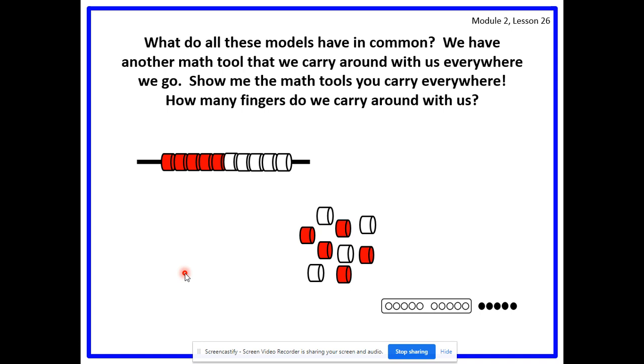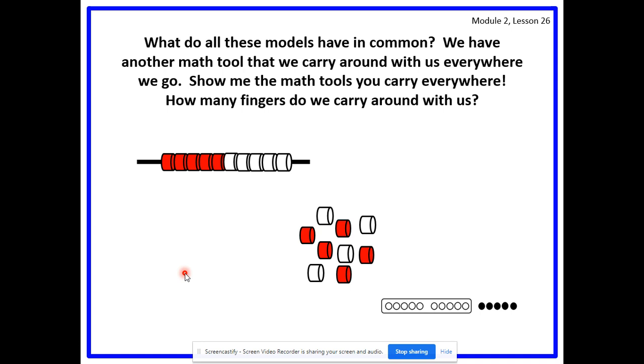We also have another math tool that we carry around with us everywhere we go. Do you know which one it is? Let me see. Show me the math tool we carry everywhere. Show me. Your hands should be waving and your fingers should be wiggling because it's our fingers.